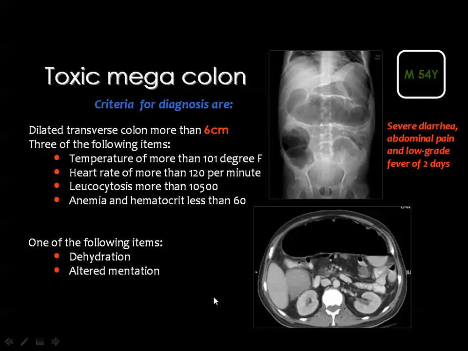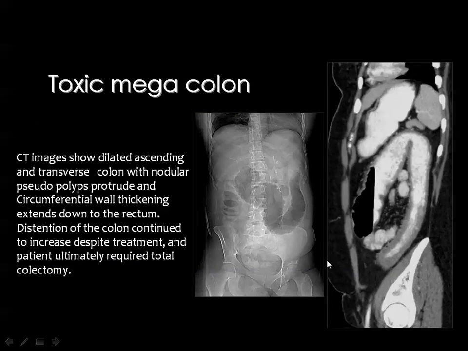Then one of the following, like dehydration and altered mentation, may also be seen. Here you see the transverse colon, which is markedly dilated, and this sagittal reconstructed image of the abdomen shows considerable dilatation of the transverse colon.